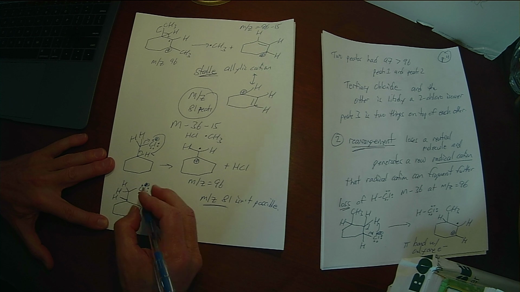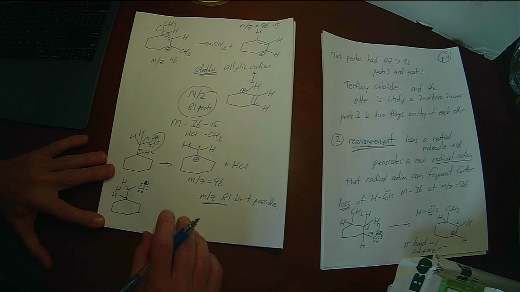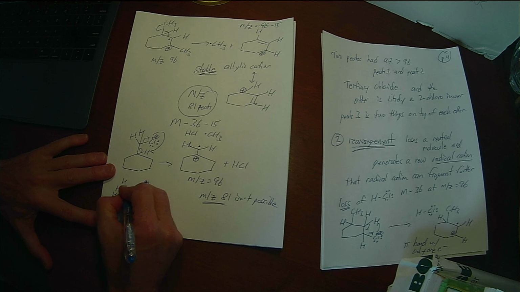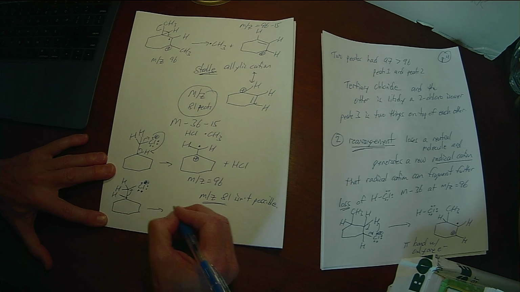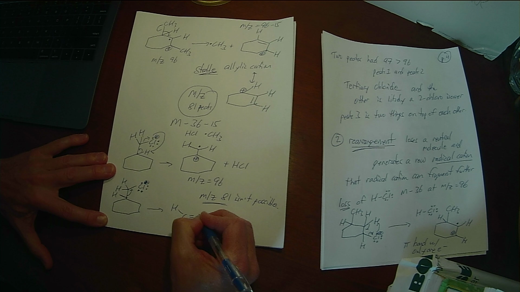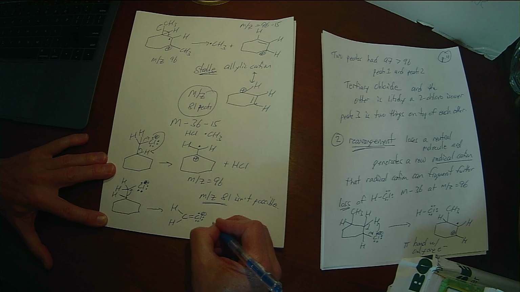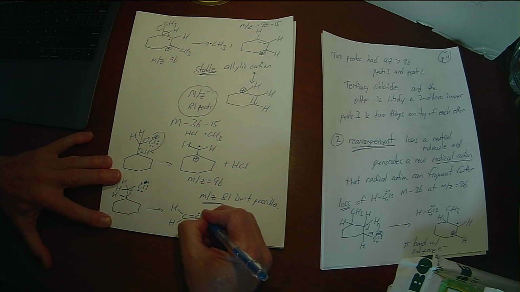Right, so we're losing the chlorine. The chlorine is going to fall off along with the CH2 group. So this pair of electrons is going to come out, and what we're going to form is the CH2Cl as a radical, not a radical cation.